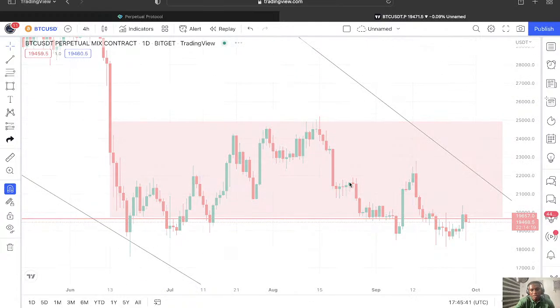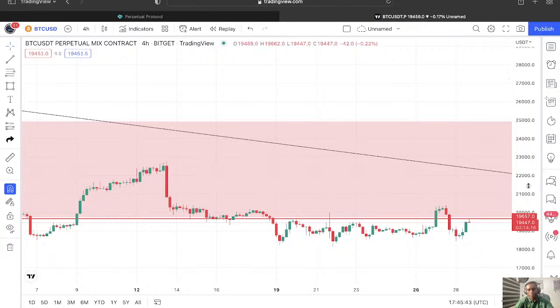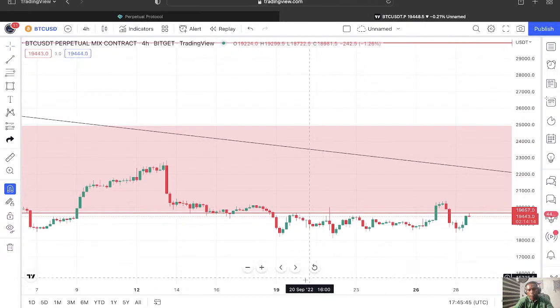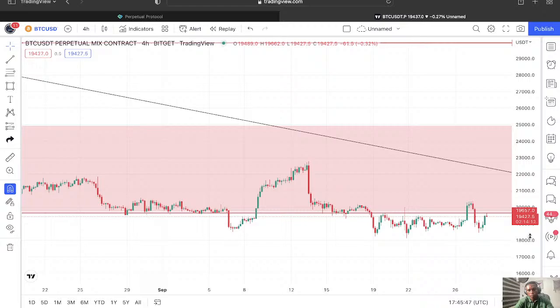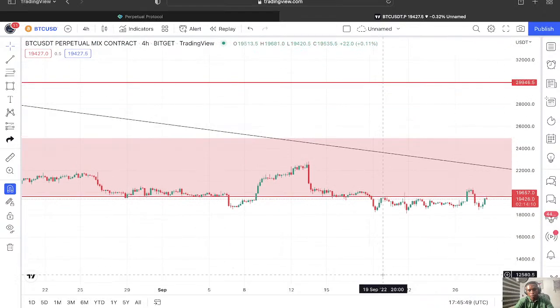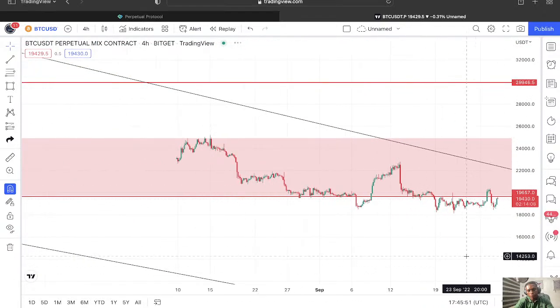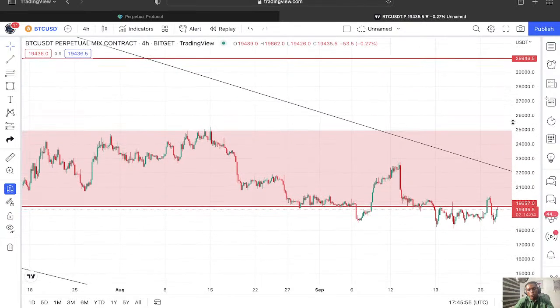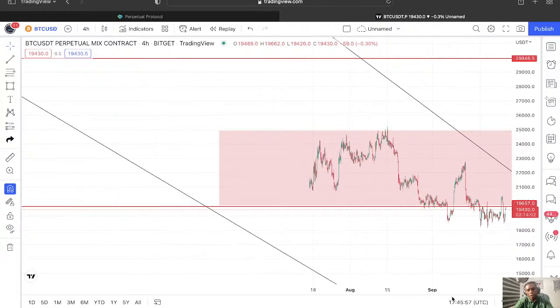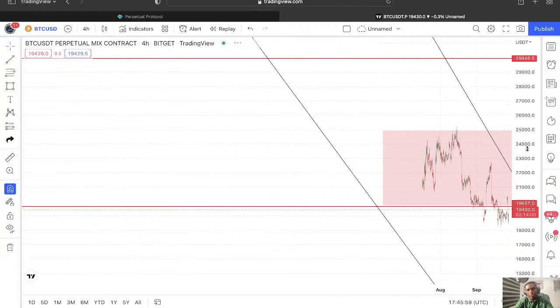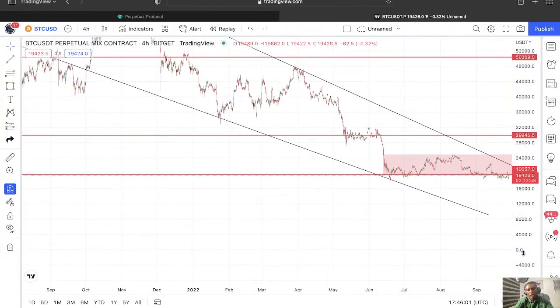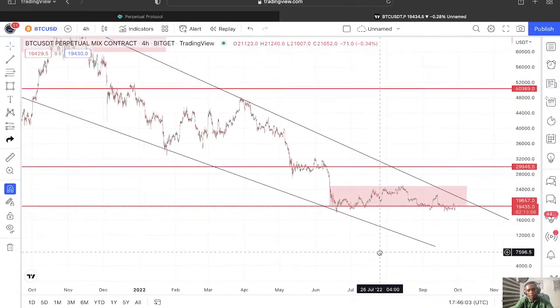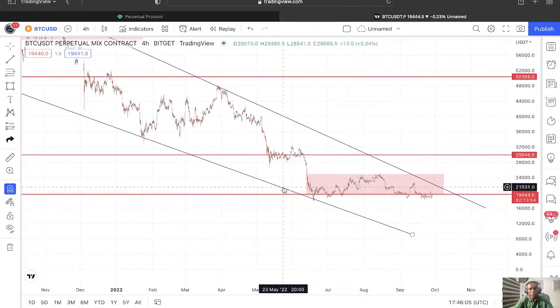Let's go to the 4 hours time frame. What happens here now is BTC falling further.